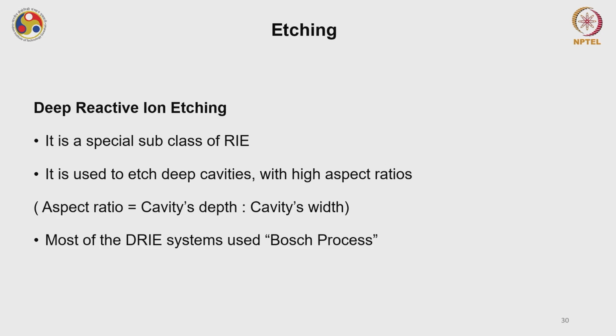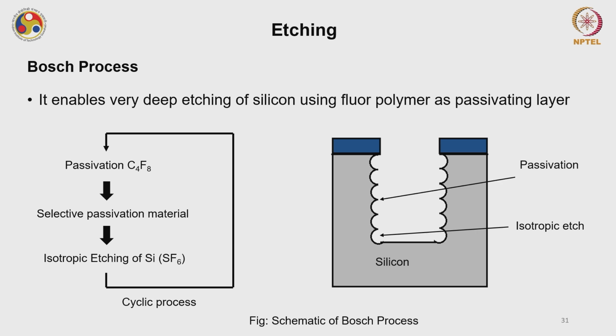Derived from this RIE, we have the DRIE process. It is a special subclass of RIE, and it is used to etch deep cavities with higher aspect ratio. Please note that aspect ratio is nothing but the ratio of the cavity's depth to its width. Most DRIE processes use the Bosch process.